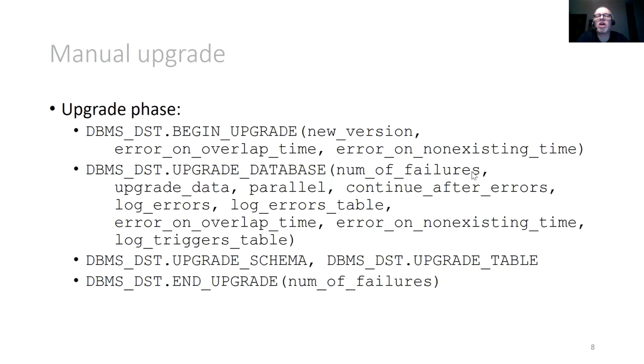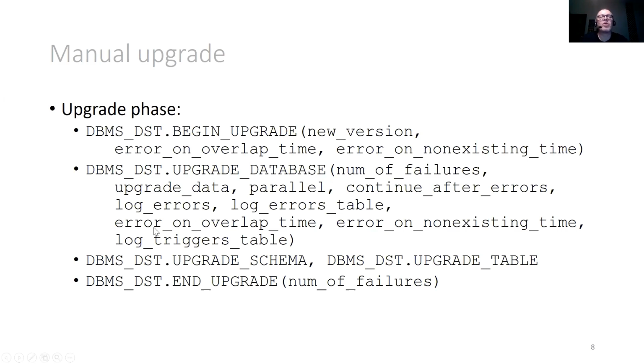Again, you can specify log errors, whether you want semantic errors, so those overlap and non-existing time errors, to be actually logged in the table. By default, this is again DST error table, but you can also pass this in the parameter errors table.